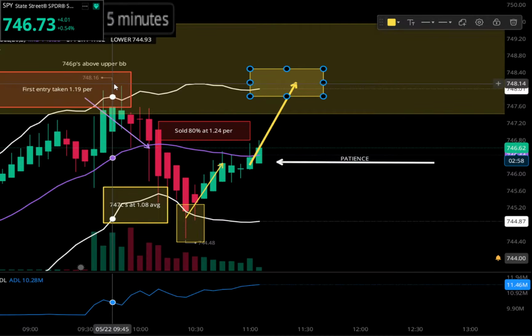And we never want an even number, so it needs to either be 15 or 17. I'm going to set mine to 15. Always ensure that your conditional orders are being placed on odd numbers, not even numbers.